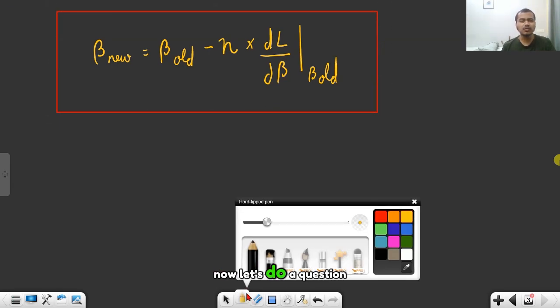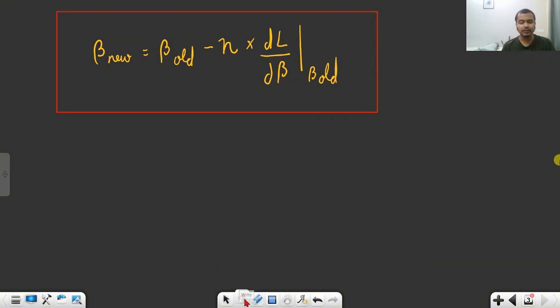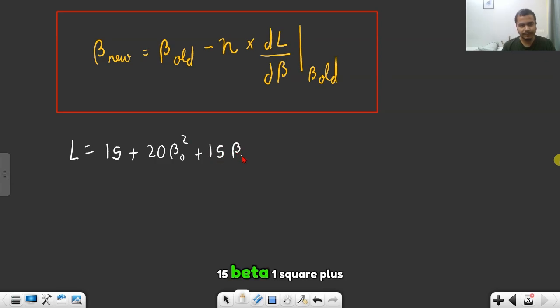Now let's do a question on this to get habituated for practice. Let's assume our loss function is 15 plus 20 beta naught square plus 15 beta 1 square plus 30 beta naught beta 1.